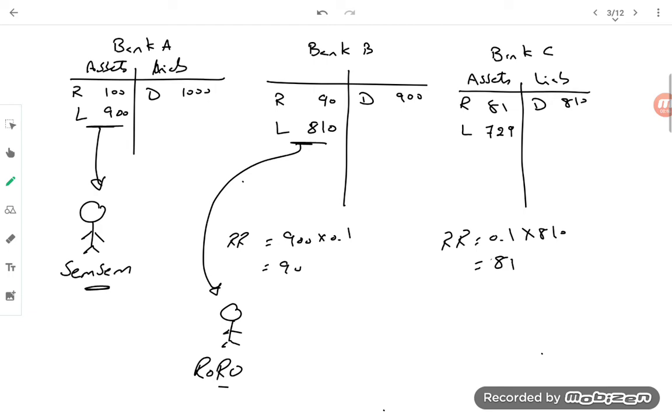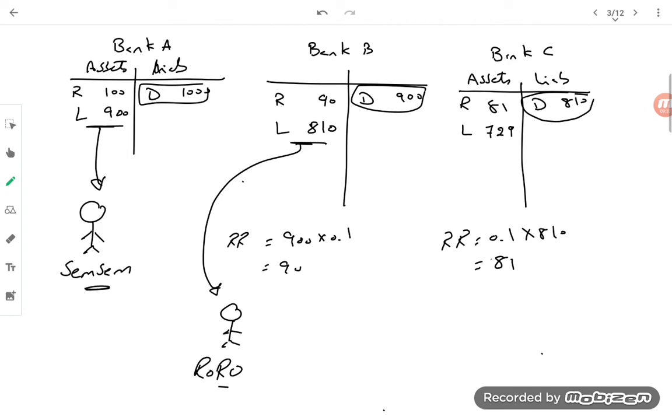So what is the total deposit in the banking system? What's the total amount of money deposited in all the banking system? If you would like to find it, it's the summation of the amount of money deposited in Bank A, Bank B, Bank C, and so on, till we reach the last one.